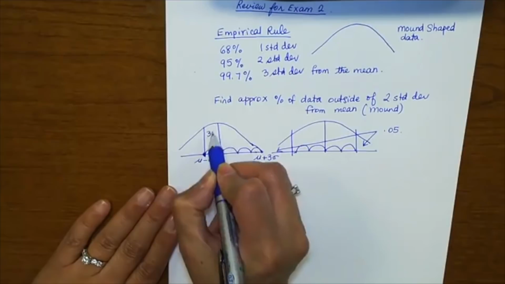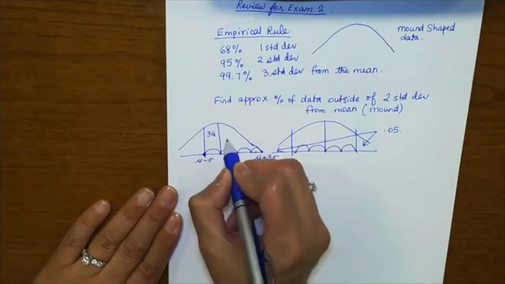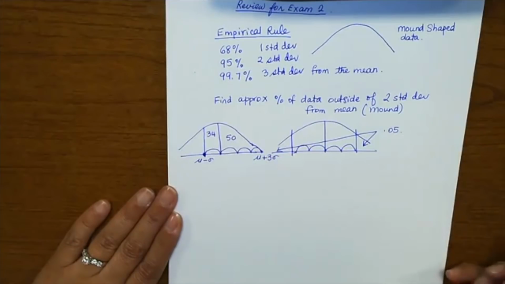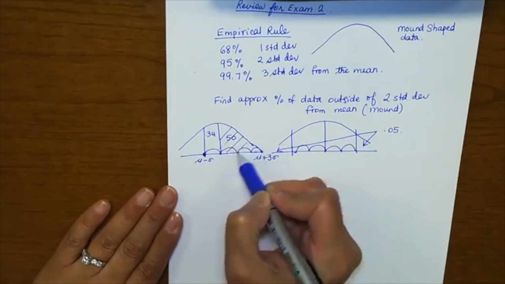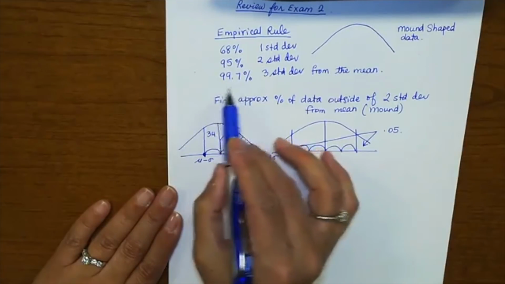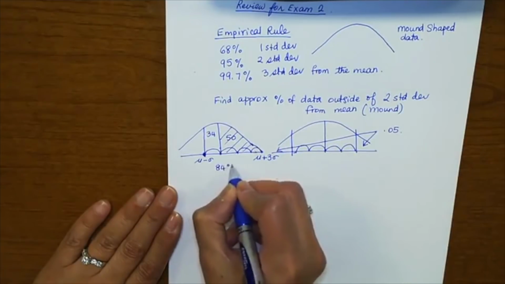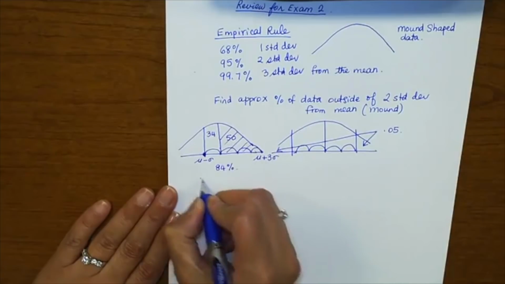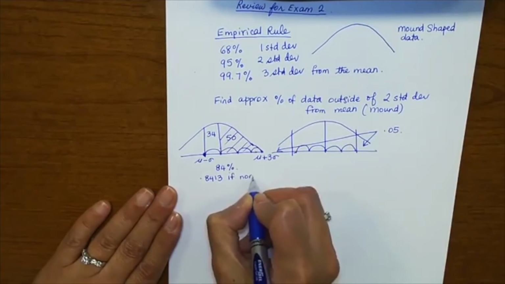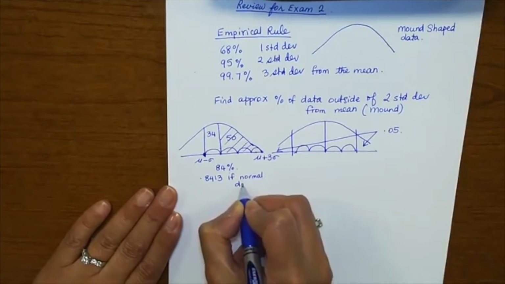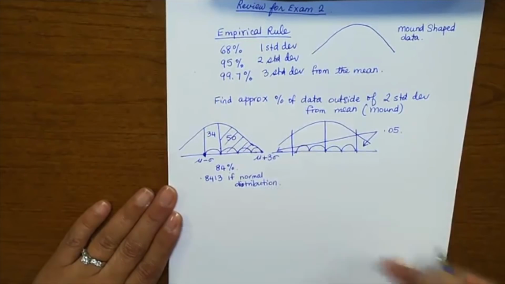So this would be 34% because it's half of 68, and then the percent. Agree? Because this is half the curve. Basically, it's half of 99.7% plus another 34%. So we're talking about 84%. And in reality, it becomes 0.8413 if we're talking about a normal distribution. Agreed?